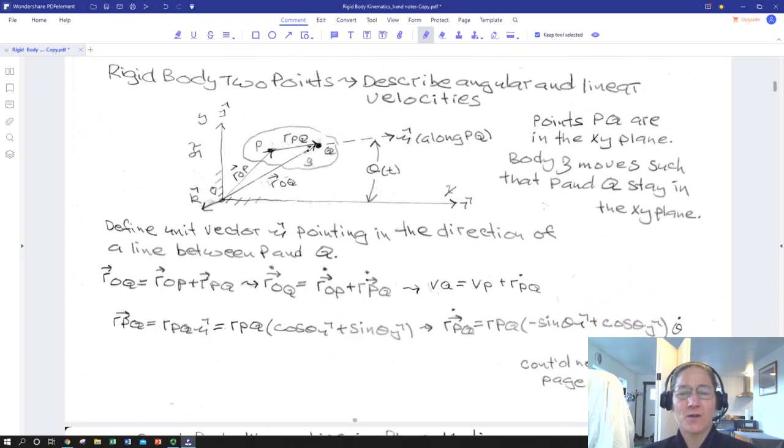Okay, so let's use a little vector algebra and see if we can't separate that rotational element of a body from translational. So let's look at 2 points on a body again. We're going to look at 2 points and a line. Now we're going to combine the best of both. Okay. So we've got reference frame F, and we've got point of origin in that reference frame F at O here.